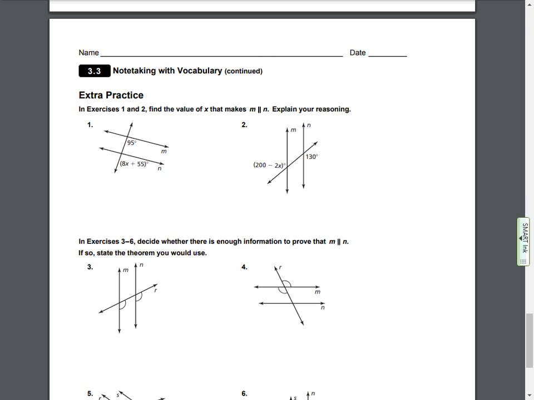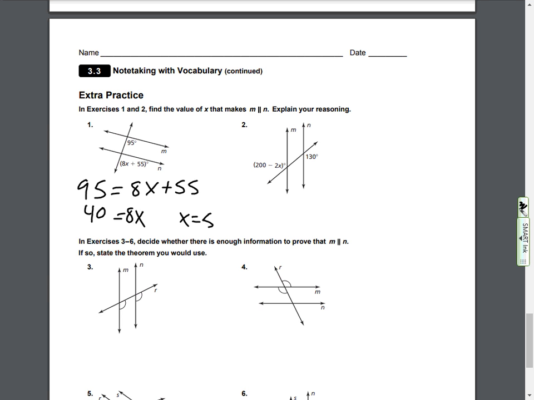So they're corresponding. And for these lines, m and n, to be parallel, these two angles have to equal each other. So 95 has to equal 8x plus 55. Okay? Solving this, we get 8x is equal to 40, and then x is equal to 5.